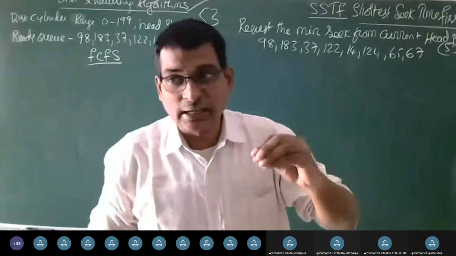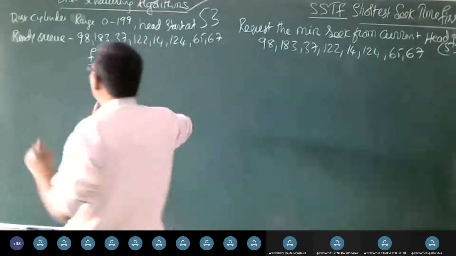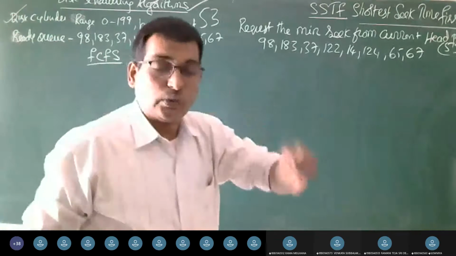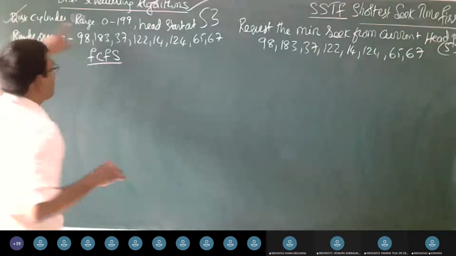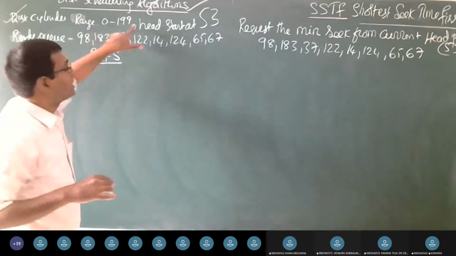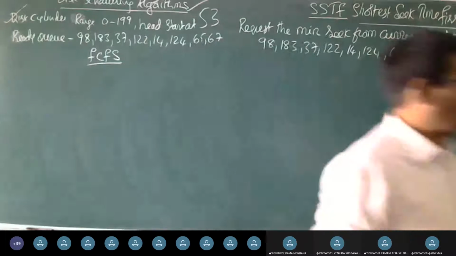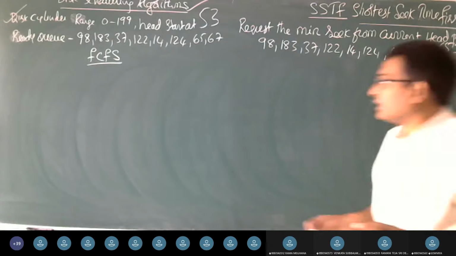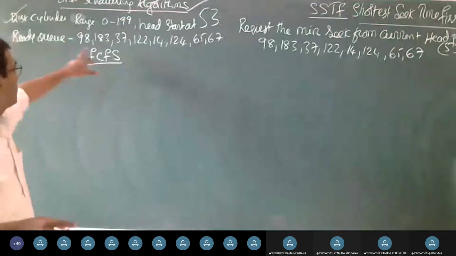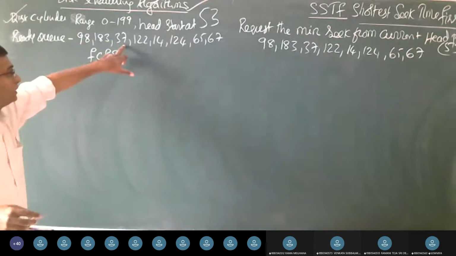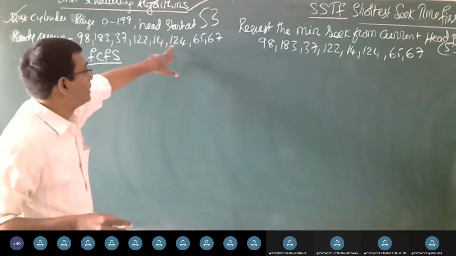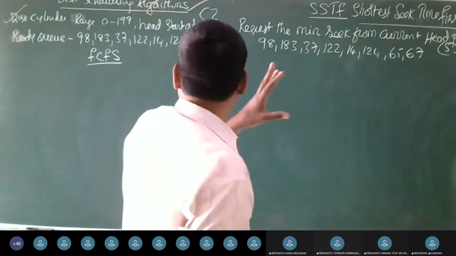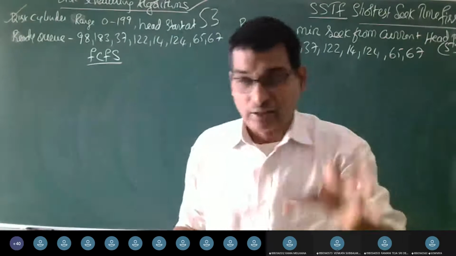Assume the disk cylinders range from 0 to 199, and the requests are 98, 183, 37, 122, 14, 124, 65, and 67. These are called the cylinder requests.